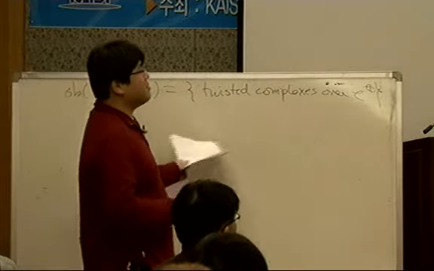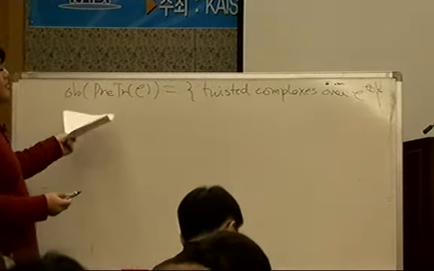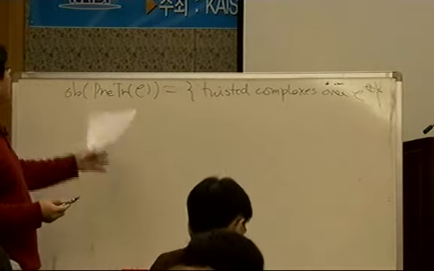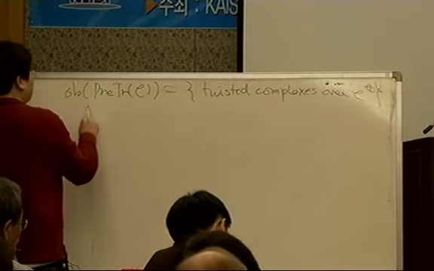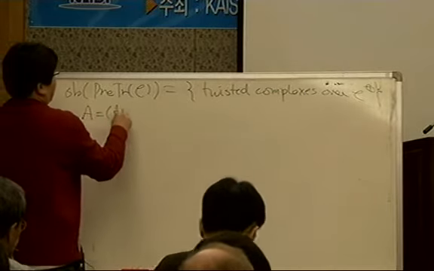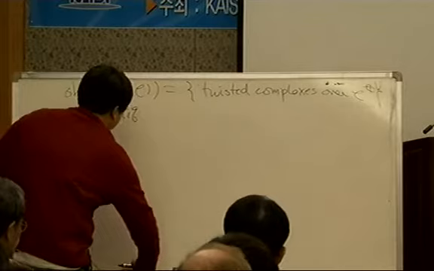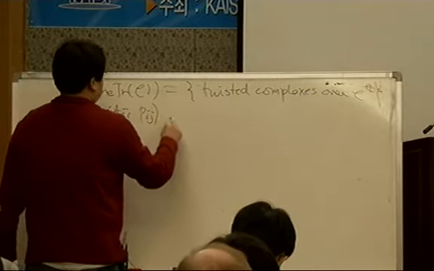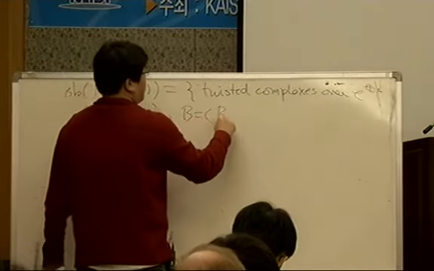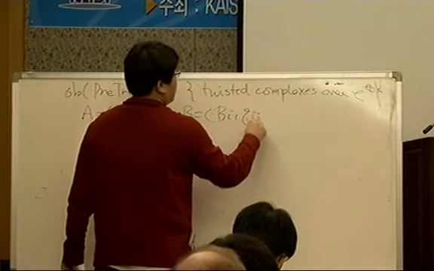So the objects of this triangulated category are already given from the previous one, and now the morphisms. Suppose I have A is (A_i, p_ij) and B is (B_i, q_ij).